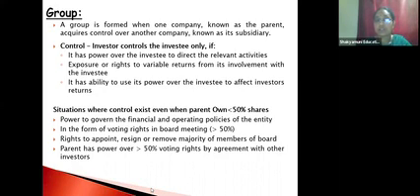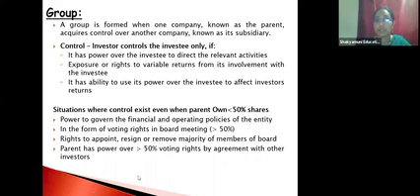Third situation: if the parent has the power to appoint, or to make the board of directors resign, or to remove a majority of the members of the board of directors. I've already told you who will appoint the board of directors. Shareholders will appoint the board of directors, right? Shareholders means company.